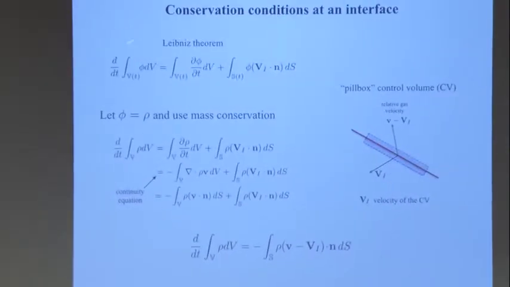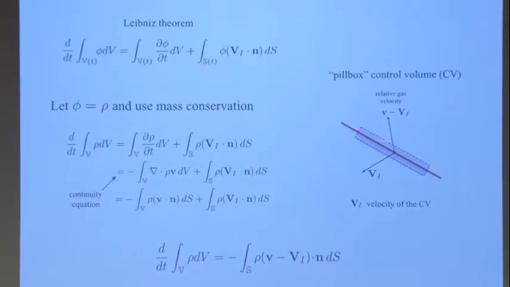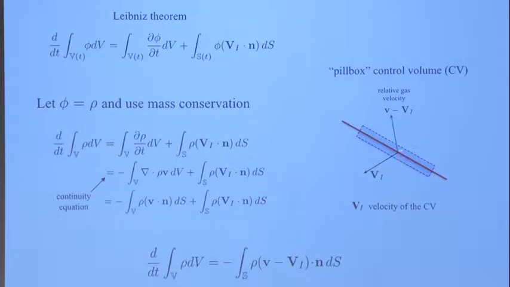And so again, we are using Leibniz rule because what we want is to take the derivative of this volume, which, by the way, the interface may be moving in time, and so there may be changes in the volume. So what we want to take is the time derivative of a quantity. Let's focus on mass conservation first.